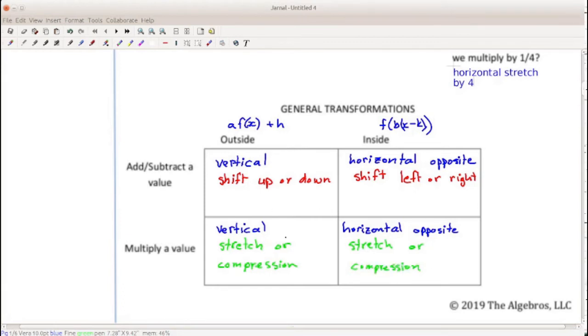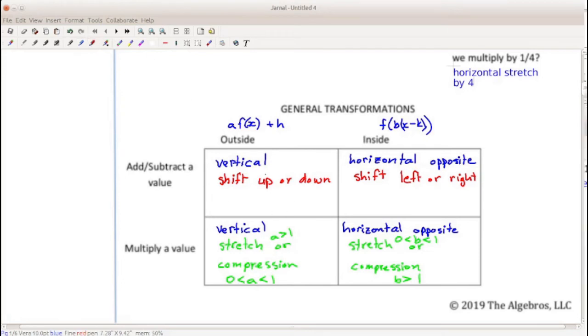So vertical stretch is a number greater than 1, and a vertical compression is a number between 0 and 1. In the case of a stretch for horizontal, we're looking at a number, I'm going to call this B in this case, less than 1, and your compression is your number greater than 1.